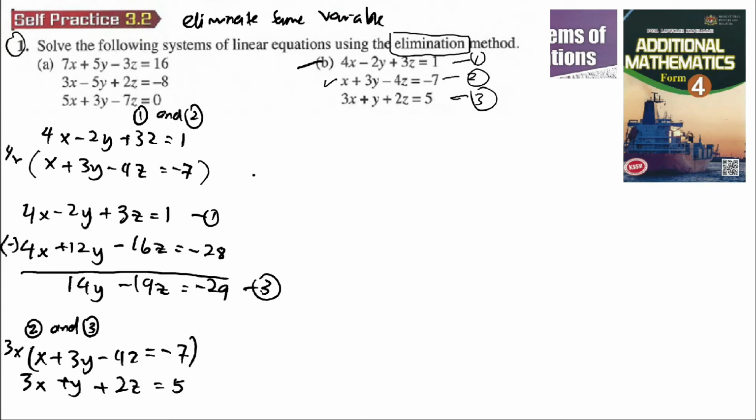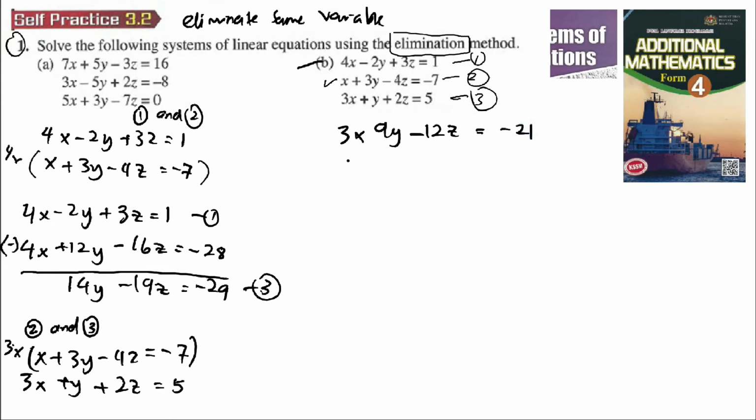So here from 2 and 3 just now, 3 times x is 3x, 3 times 3y is 9y, 3 times negative 4z is negative 12z is equal to 3 times negative 7 is negative 21.